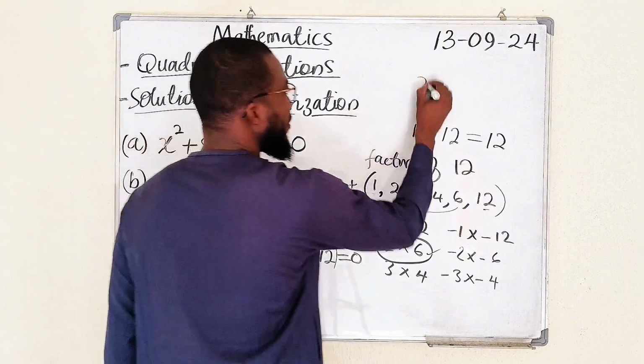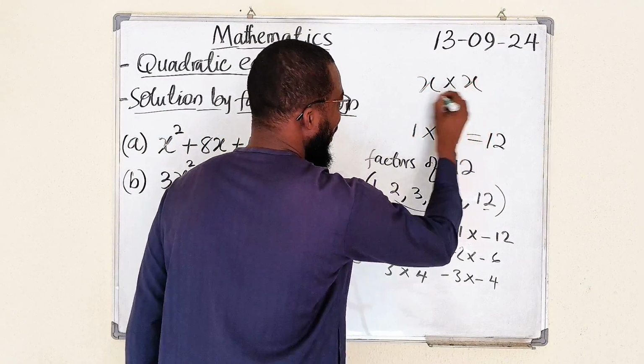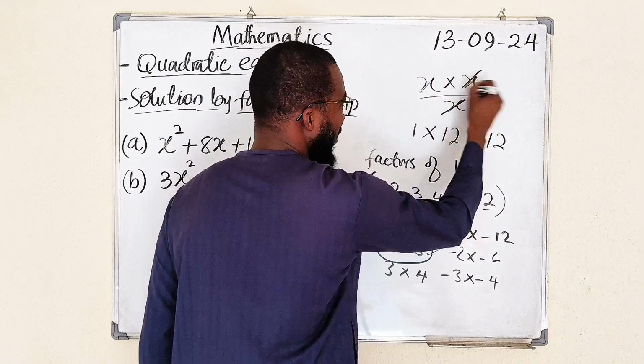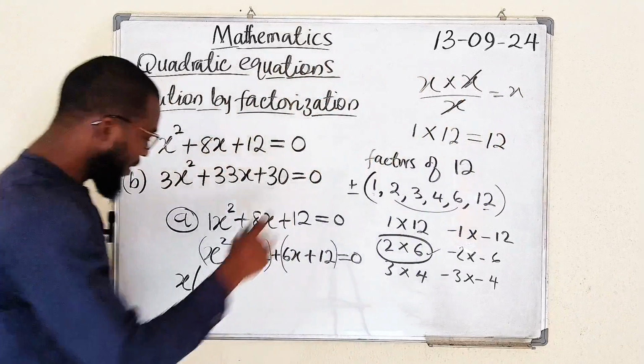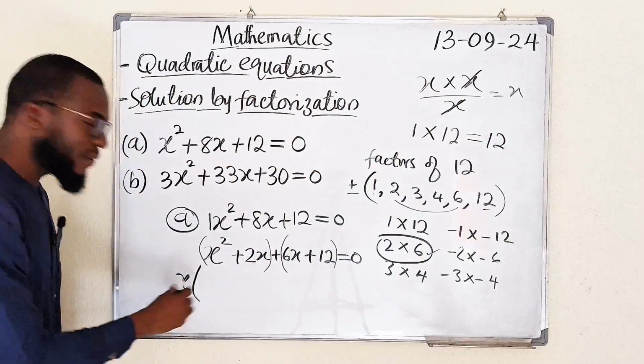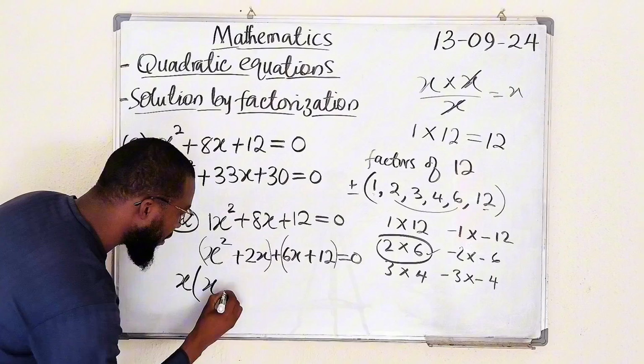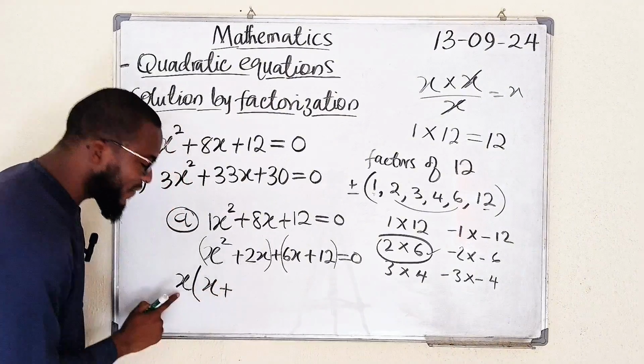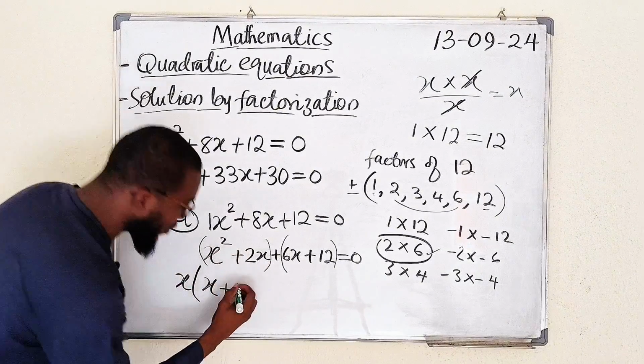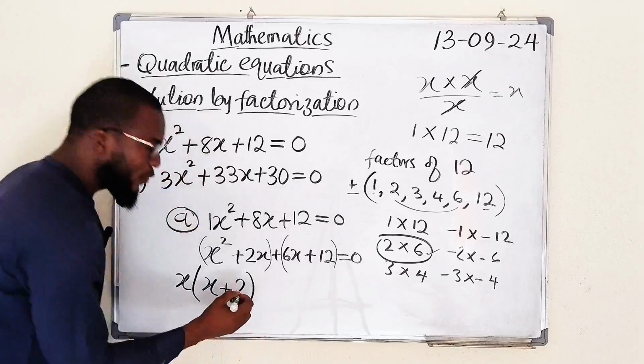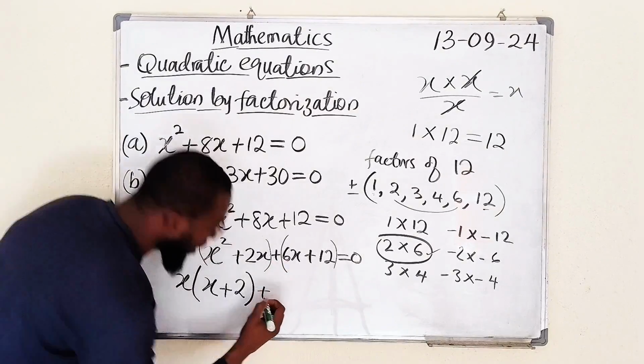Remember, x squared is the same thing as x times x. If you divide by x, one of the x will cancel, leaving only a single x. So if you take x squared, you divide by x, that will be x, plus 2x divided by x. The x's will cancel, leaving only 2. You come here, your plus is already there.